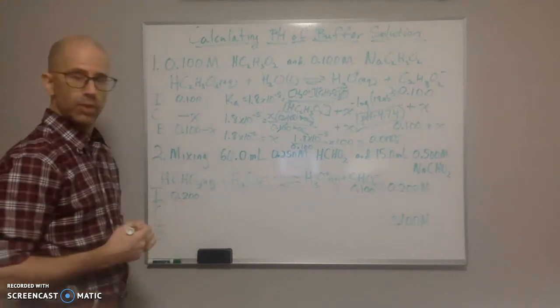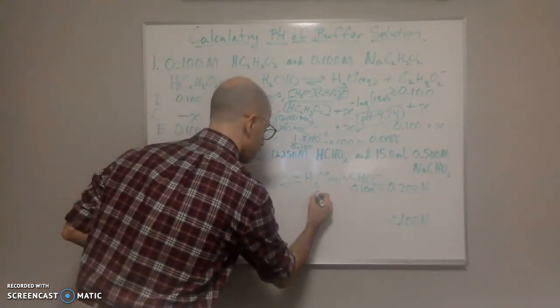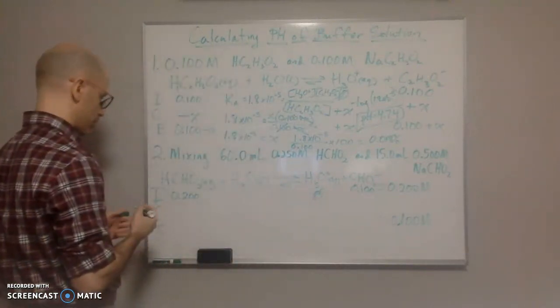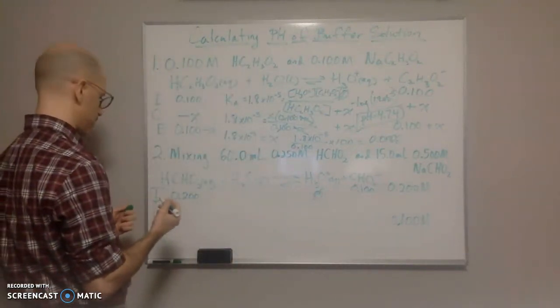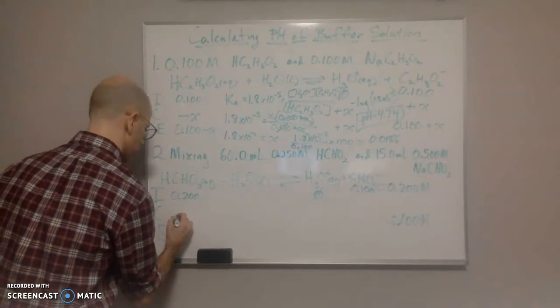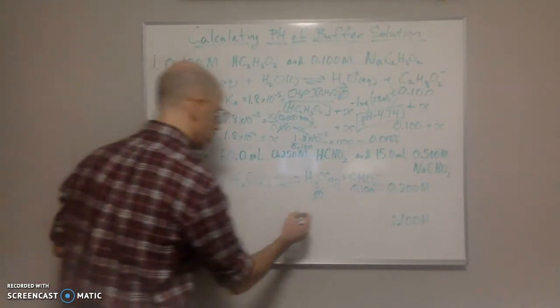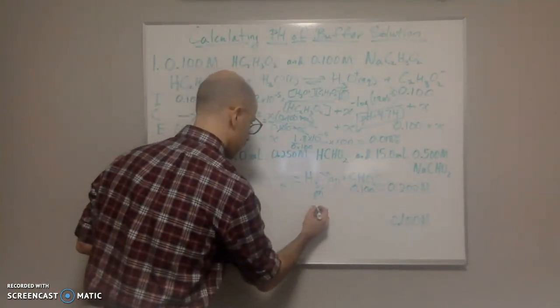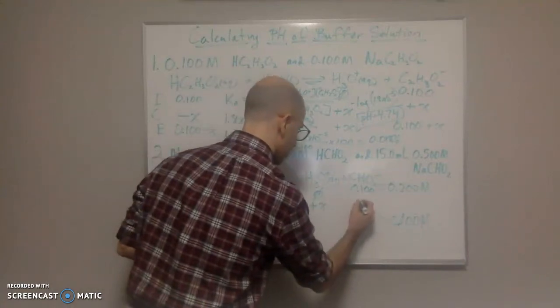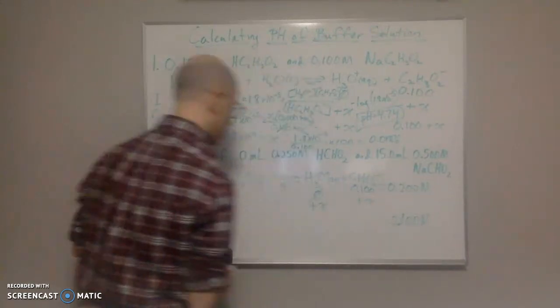So now this is going to be practically zero, no hydroxide or hydronium ion. Then the change is going to be negative X here, positive X here, and positive X there.